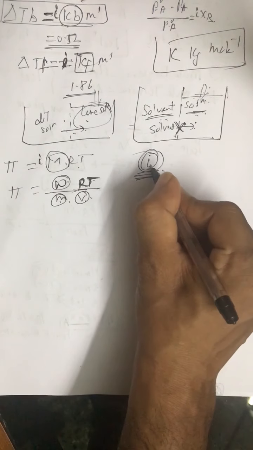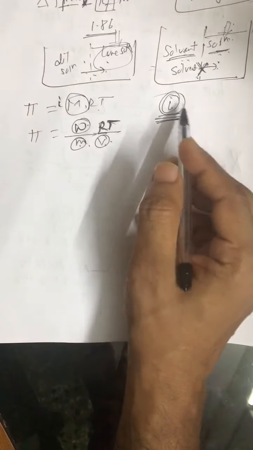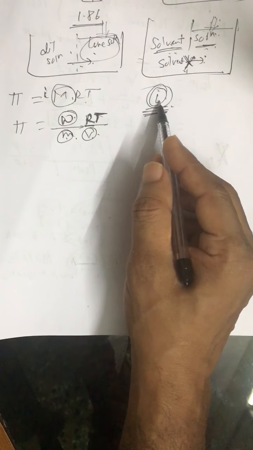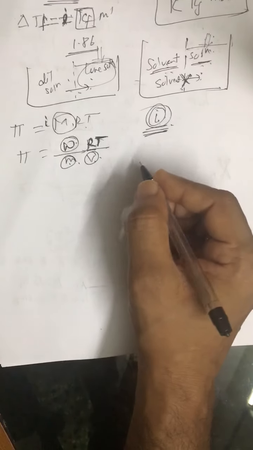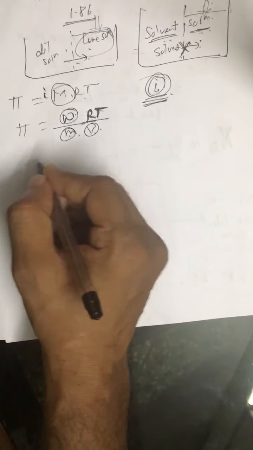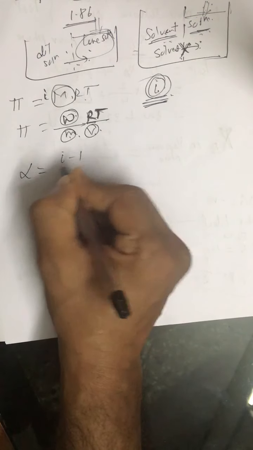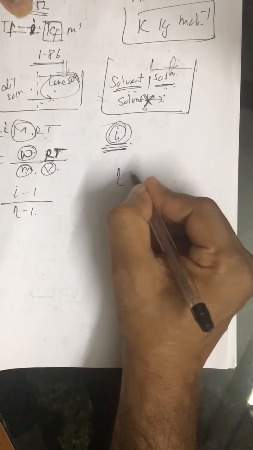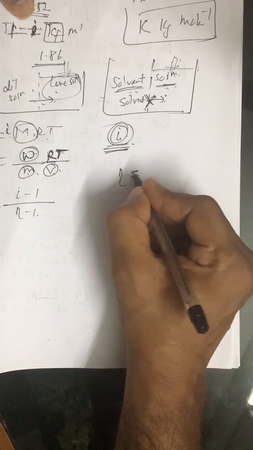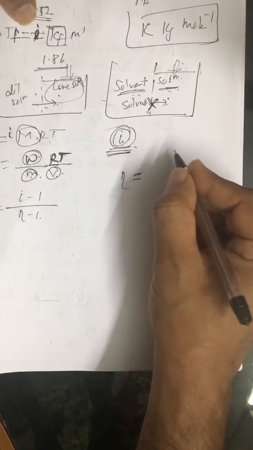So this factor must be included if the solute is dissociated or associated. It is related to the degree of dissociation as alpha equals (i minus 1) upon (eta minus 1). Eta is the number of particles after dissociation or after association.